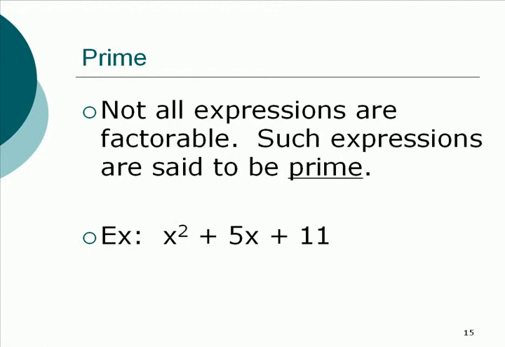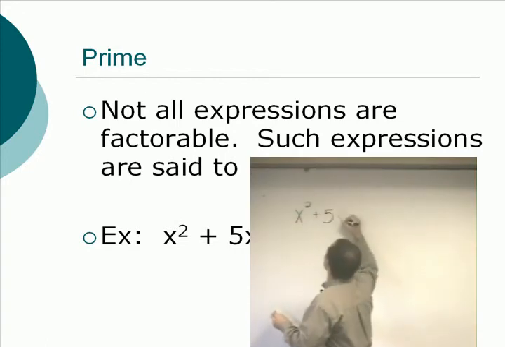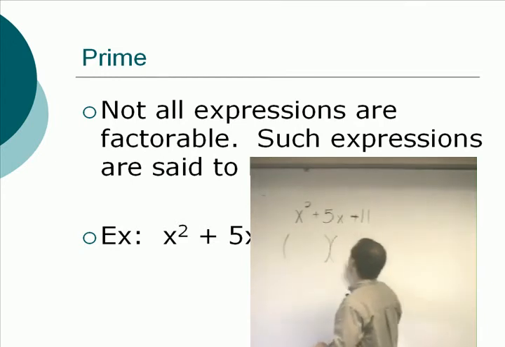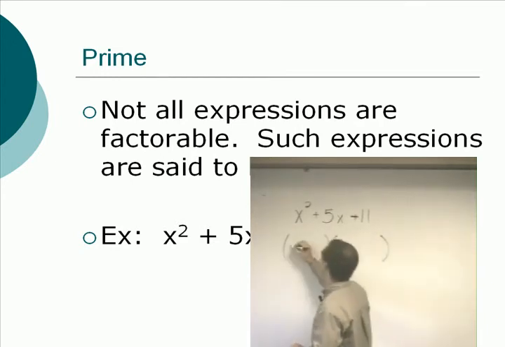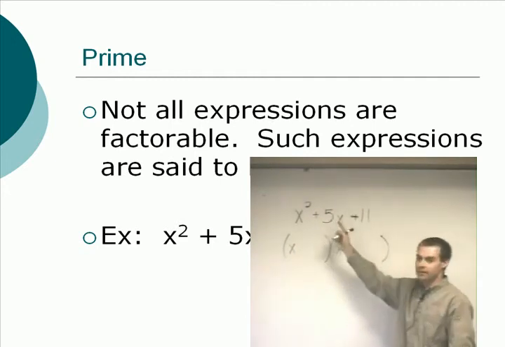Now, the reason I hesitate to show you this is because this becomes a favorite answer to factor questions. Factor this expression, write prime and move on to the next problem. You can't give up that easy. Okay, well, we'd try and factor it. We would say, all right, those first terms need to be x and x. Last terms have to multiply to give 11, but add up to 5.